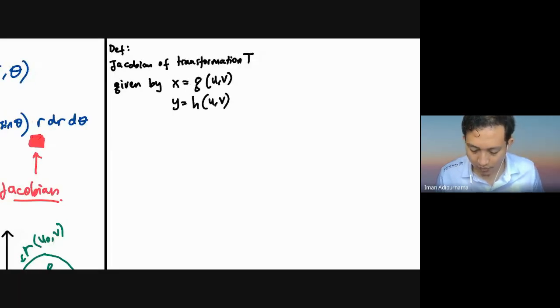We can write the term for the Jacobian as dou (x, y) over dou (u, v).